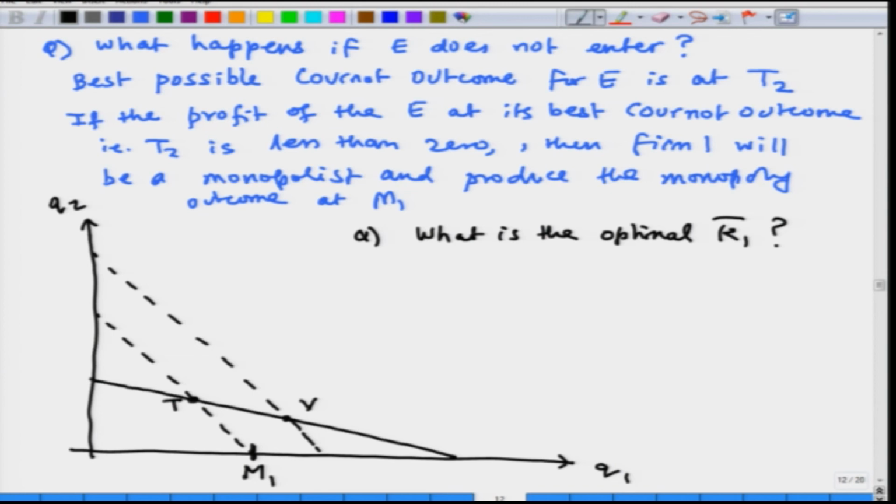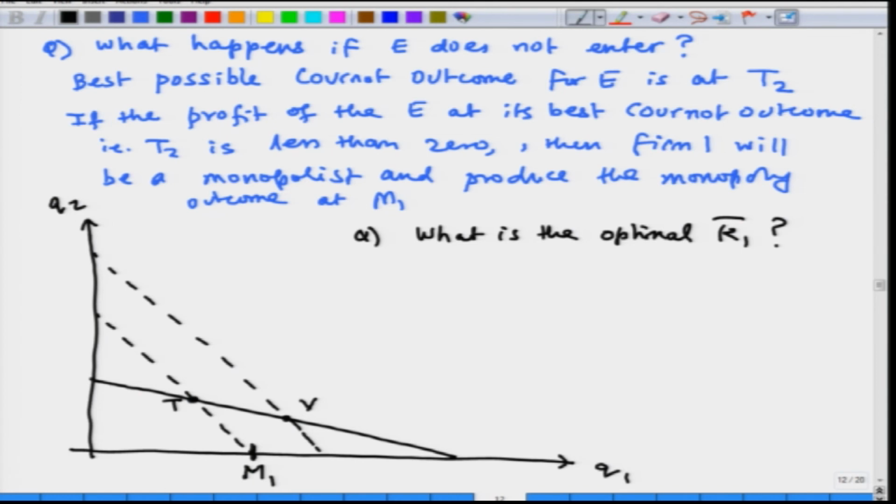Now, notice that this optimal choice of capacity will depend on what the incumbent believes its action of choosing K1 bar will have on the entrant.